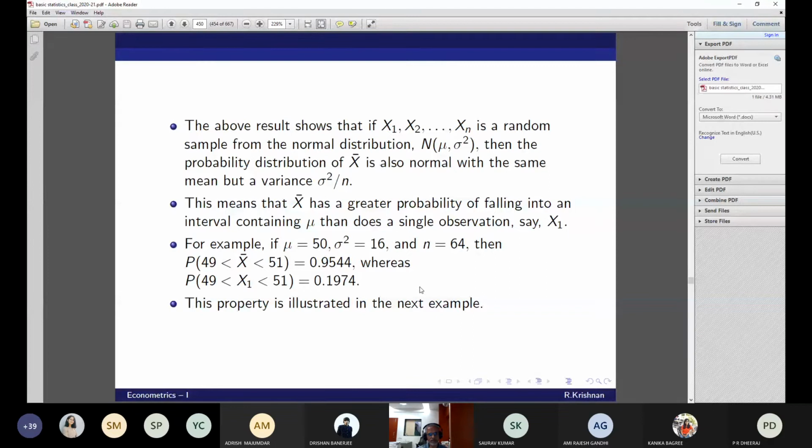This is such common sense. What is the probability that x1 will be 50 when I consider only 2 random observations? And what is the same probability when I'm considering n observations?